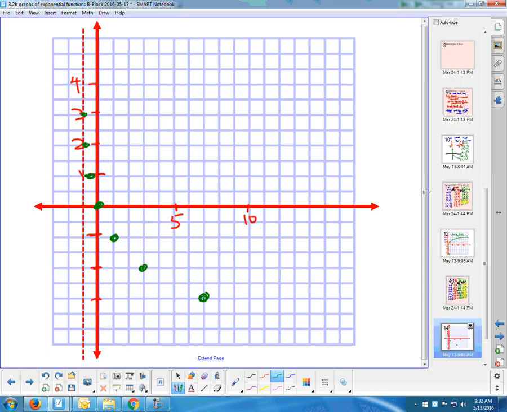And then we can see our vertical asymptote taking shape. And there we have the graph of y equals negative logarithm base 3 of x plus 1.